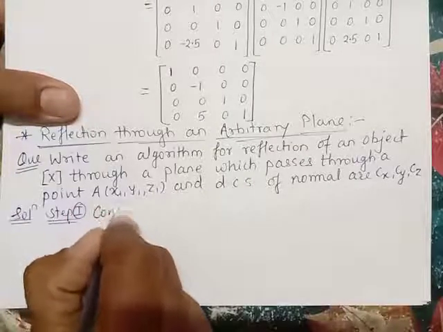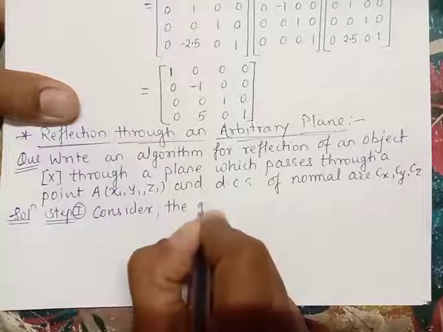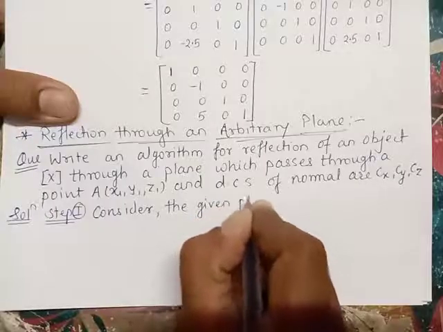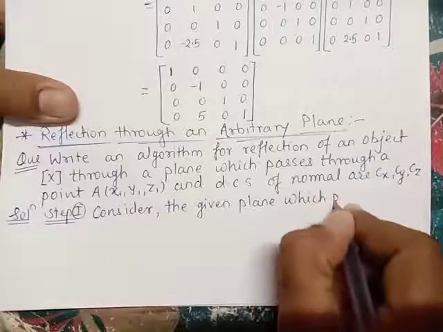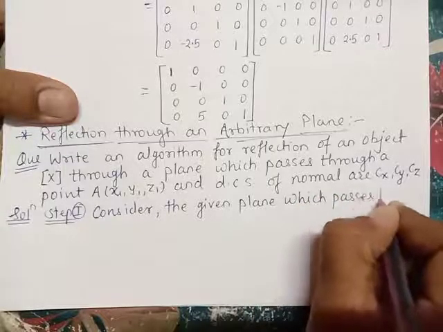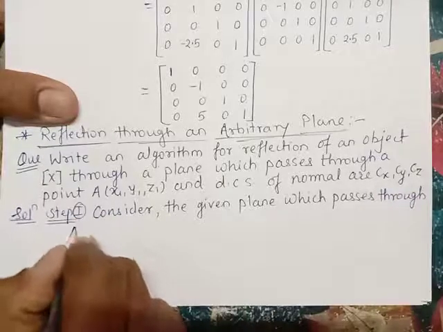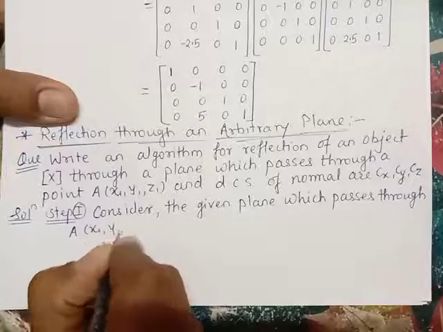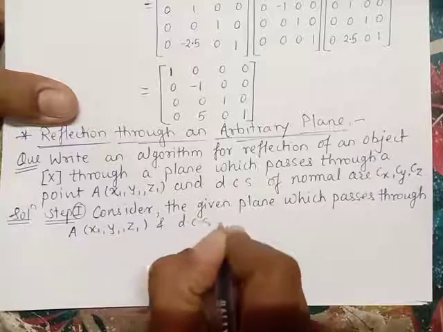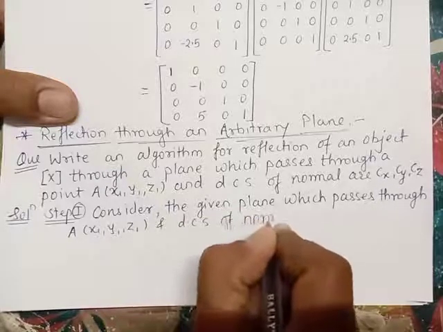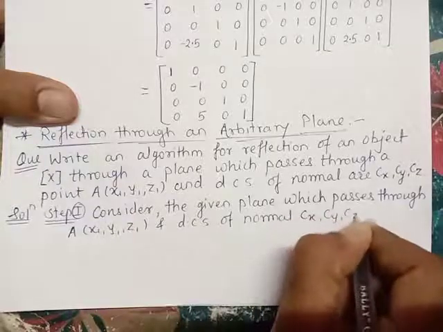So consider the given plane which passes through the point A having coordinates x1, y1, z1 and direction cosines of normal are what? Cx, Cy, Cz.